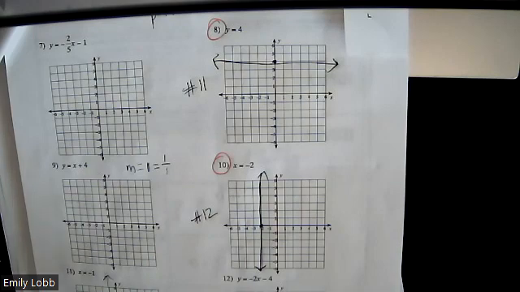So you're finding where Y equals -1 and putting a horizontal line through it. And you're finding where X equals, was it -5? Yes. Finding where X equals -5 and putting a vertical line through it.